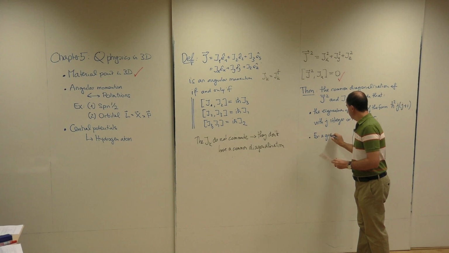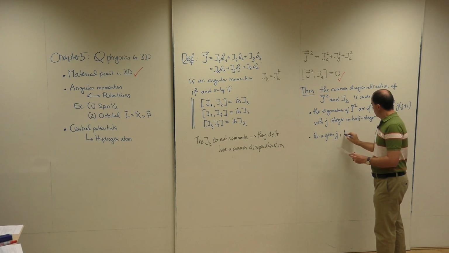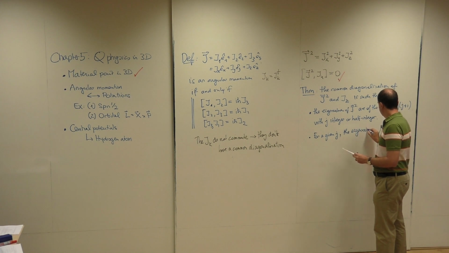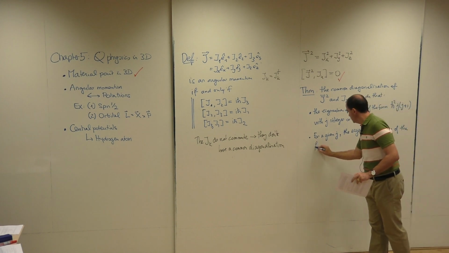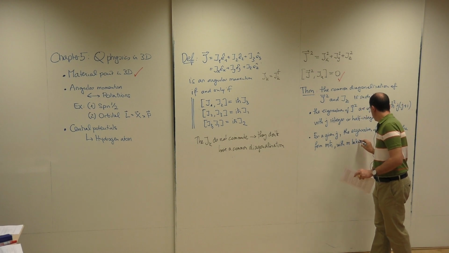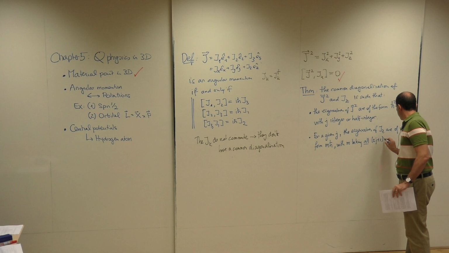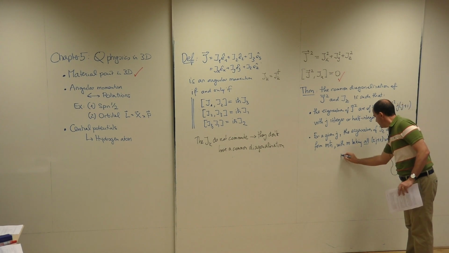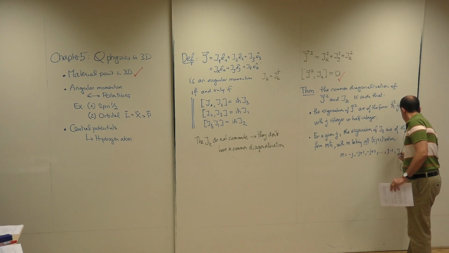Second statement. For a given j of J square, the eigenvalues of Jz are of the form m times ħ, with m taking all the 2j plus 1 values defined like that: m can be equal to minus j, minus j plus 1, minus j plus 2, keep adding until you reach j minus 1 and j.